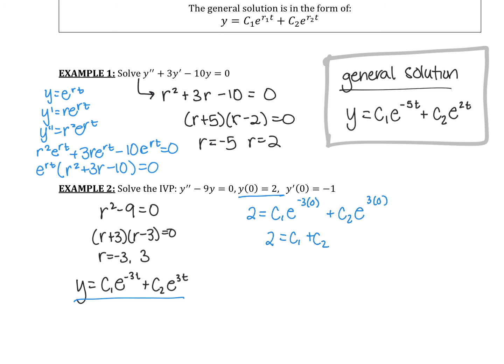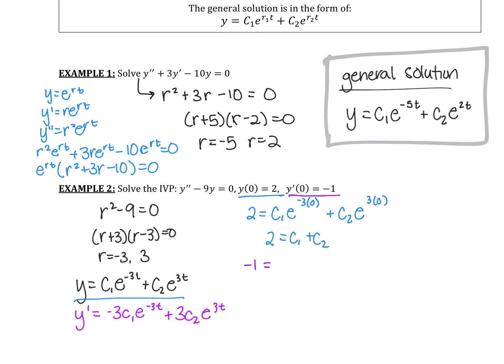And so my second initial condition, I have y prime of 0 equals negative 1. Guess what that means I need to do? I need to take the derivative of this, which gives me negative 3 C1 e to the negative 3t plus 3 C2 e to the 3t. And now I can make my substitution in.